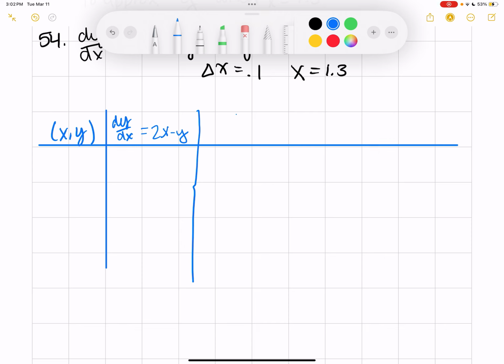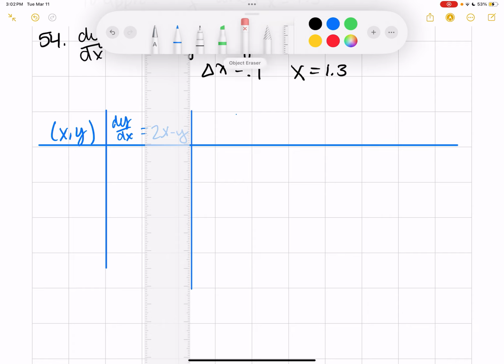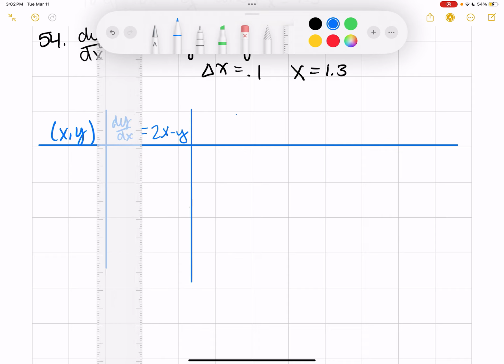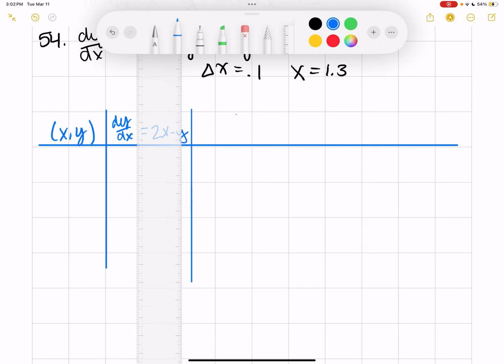You stop glitching, I wouldn't have this problem. Why does it actually look kind of crooked though? I don't know. Okay.